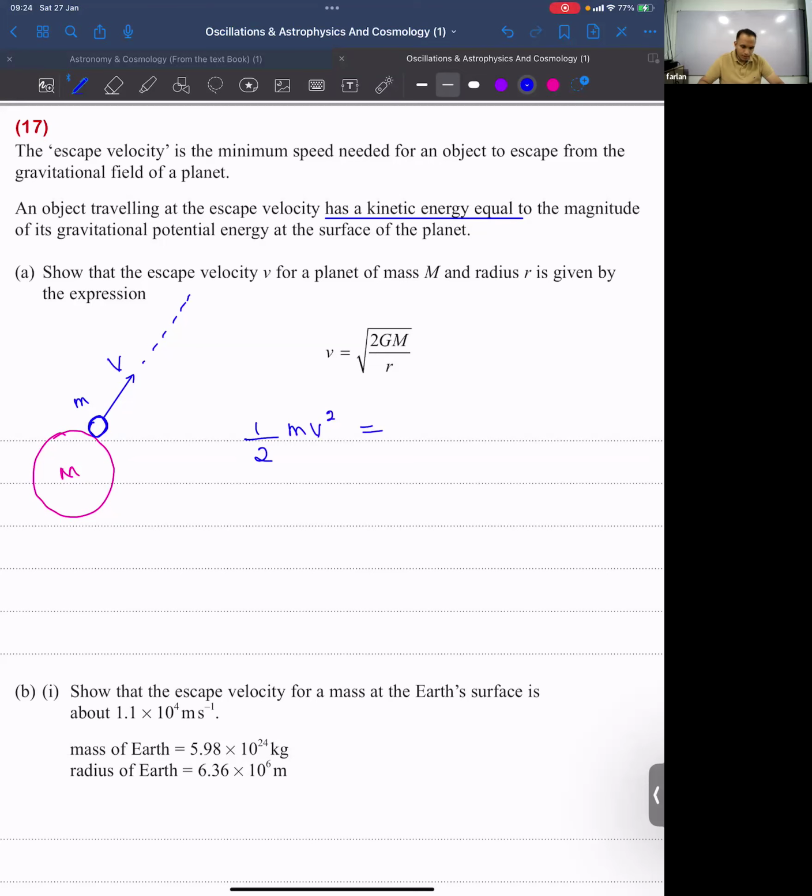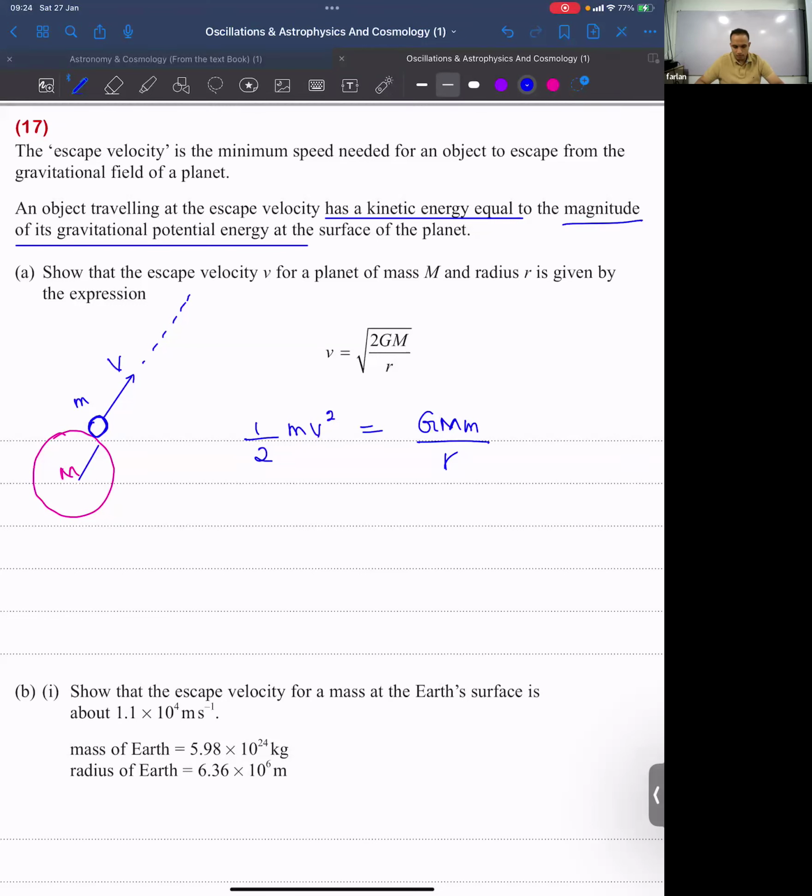Its potential energy is the magnitude of the potential energy, which is without the minus sign, GMm over R. Agree? R is the radius of the planet.